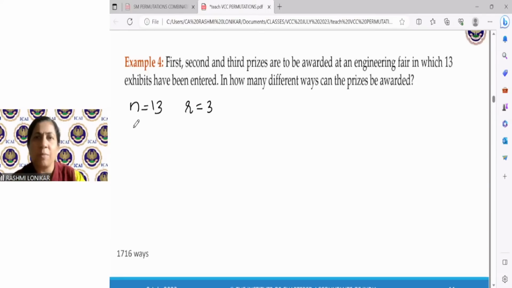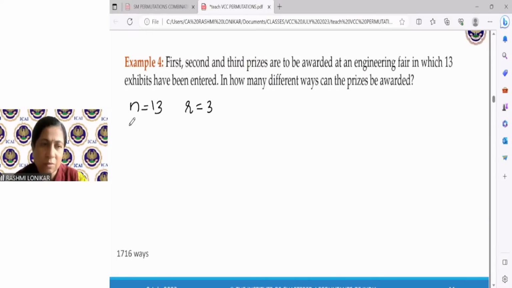In this sum, can any person get all three prizes? One person will get the first prize, another person the second prize, another the third prize. So order is important. I cannot have the same person getting a prize over and over again. So in this case, we are using permutation.